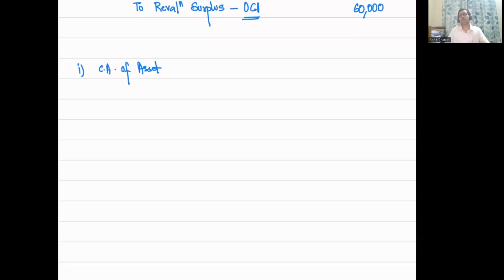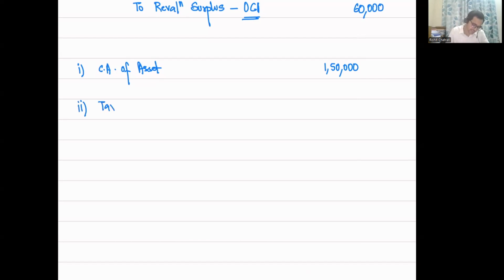We first have the carrying amount of the asset. Remember, we are still standing at the end of year one, but now I have revalued the asset. After revaluation, the asset is going to appear in my books of accounts at 1,50,000. It was originally 90,000. I increased it by 60,000 to make it appear at 1,50,000.